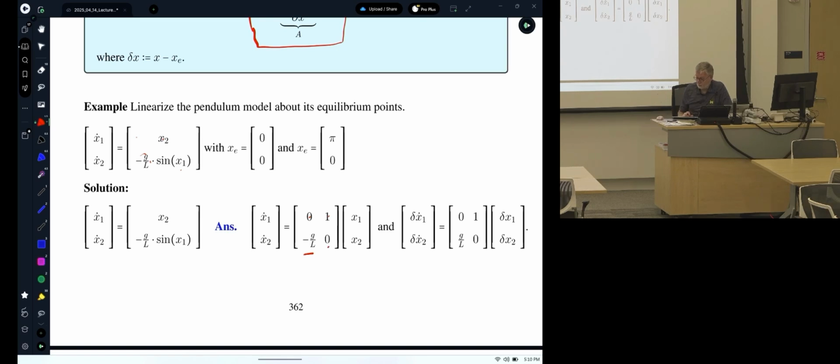There is no x2, so it's 0. When we have the other equilibrium, when the pendulum is straight up, for example, then cosine at pi becomes -1, and so the sign flips between the two equilibria. So you get different models for different equilibria in general.